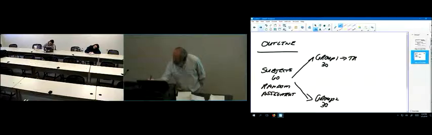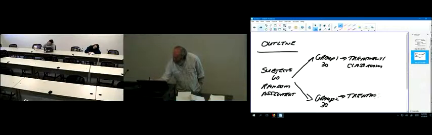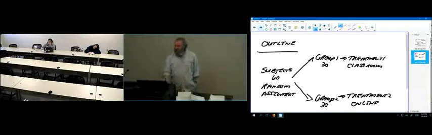I'm going to call it treatment 1, and I'm going to say this is your classroom version. You remember how the class has been offered for years and years and years? And then this group here is going to get treatment 2. And that would be the online version. That's the one we were interested in. That's the new one.